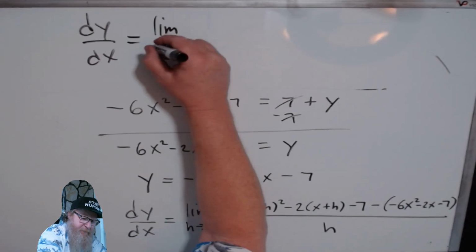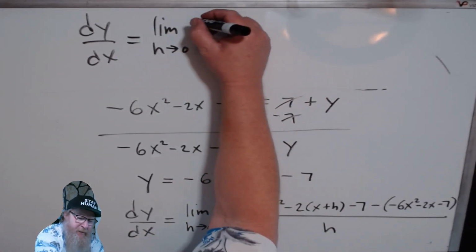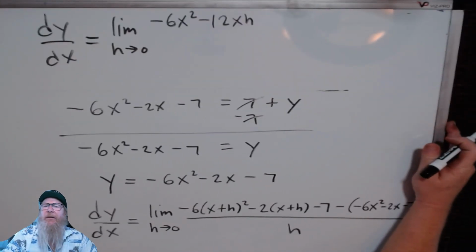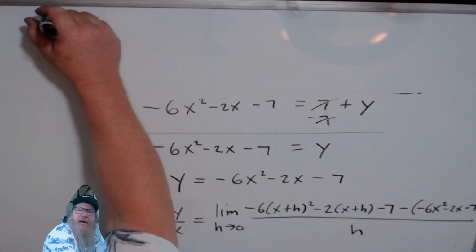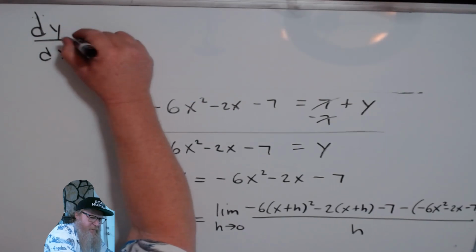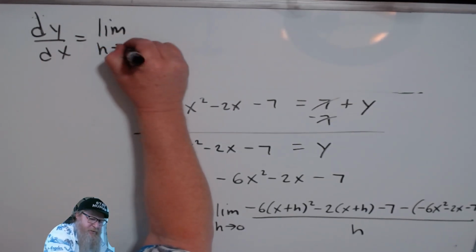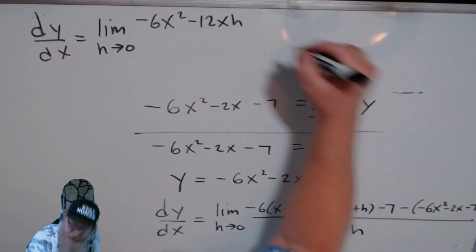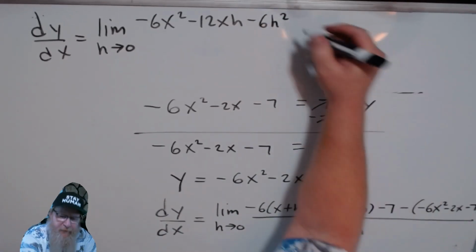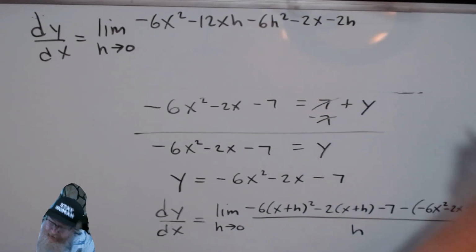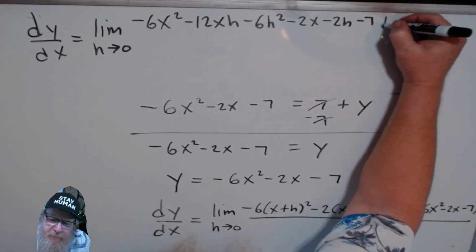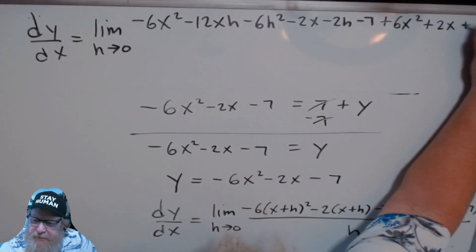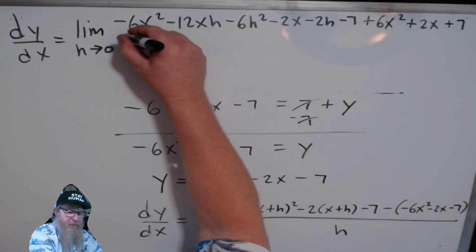So that's the limit as h approaches 0 of negative 6x squared minus 12xh, I've got to give myself more room, minus 6h squared minus 2x minus 2h minus 7 plus 6x squared plus 2x plus 7, all over h.